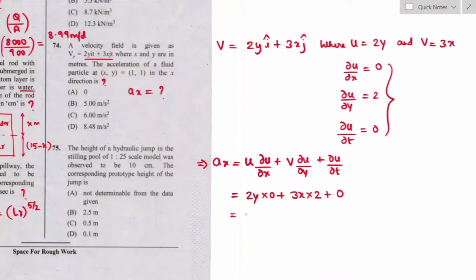So 3x into 2, which is equal to 6x. So at a point x comma y is 1 comma 1, substituting the value of x, acceleration along x direction will be 6 meter per second square. So the right answer is option C.